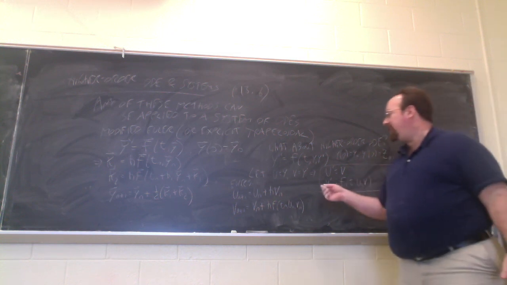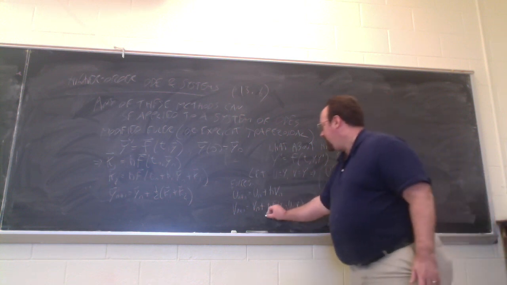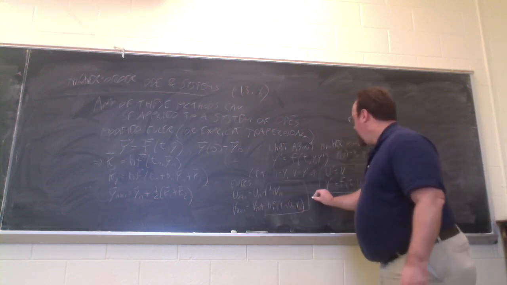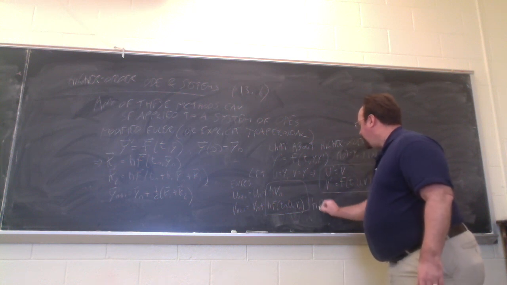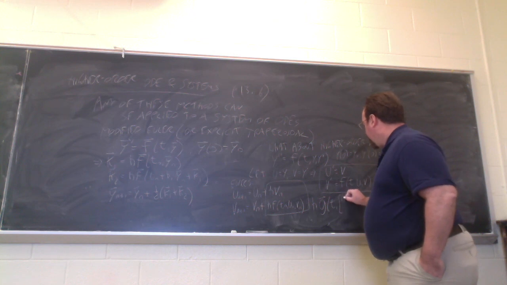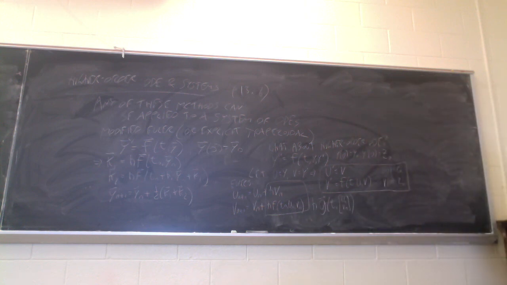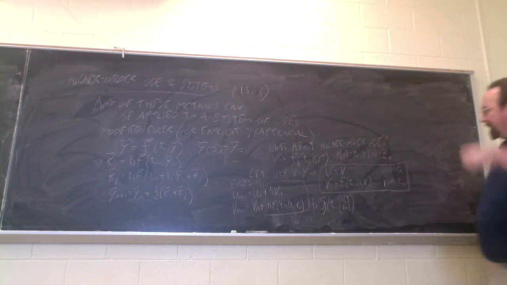But in code, chances are you'd want to vectorize this. So this you could think of as h times a vector valued function of t and a vector un, vn, where it uses both components here and sends them into f. Okay.